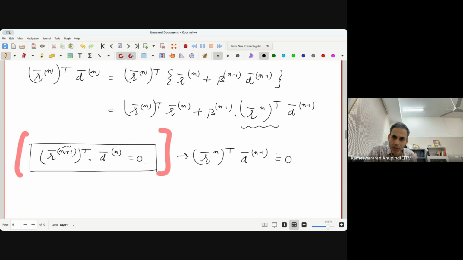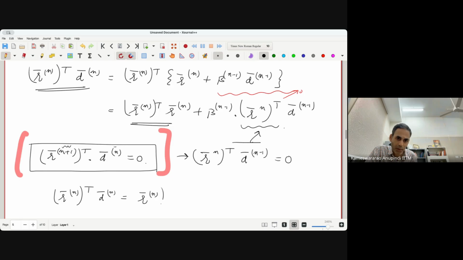Now this should also be equal to 0. This is exactly the same quantity we have in the previous term here. So that means this entire thing, beta n minus 1 times it, goes to 0. So R bar n transpose times D bar n is nothing but R bar n transpose times R bar n. Okay, so that is the denominator which we have simplified.